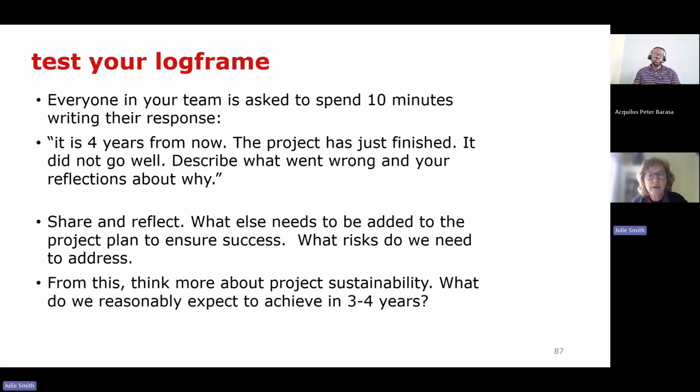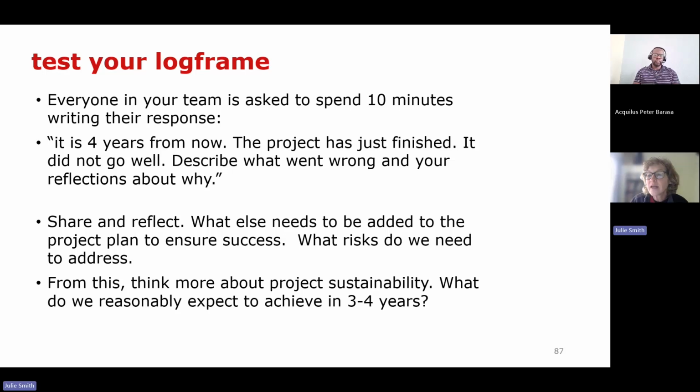So you give people 10 minutes to write things down and then people read them out. And when we've done it, we've found that often there's common things that people raise, and it shows that there's things that people feel a bit nervous about, or some of the risks that they have to address, or particularly things about sustainability.